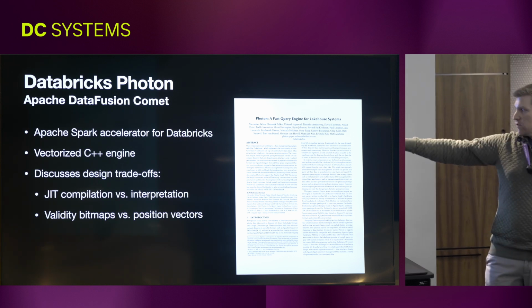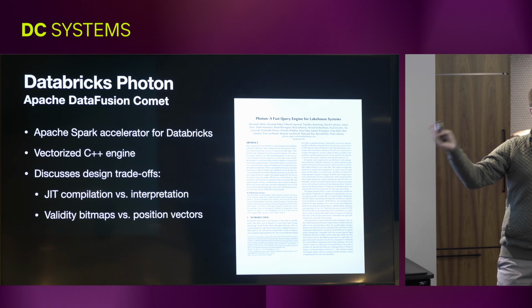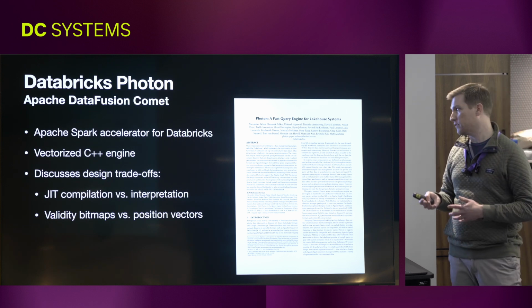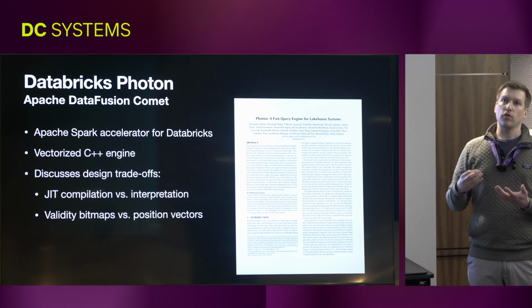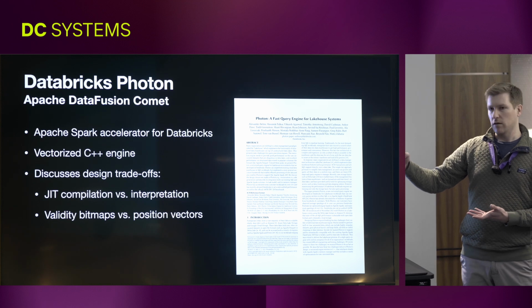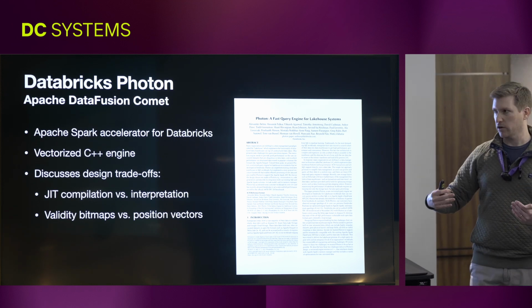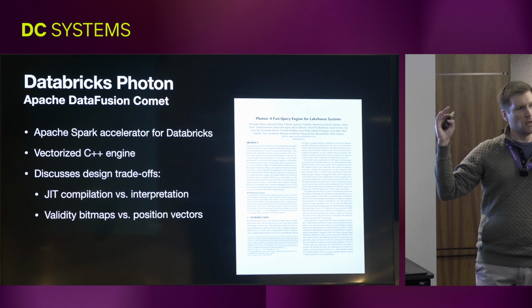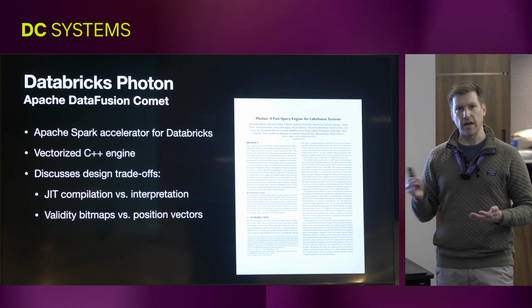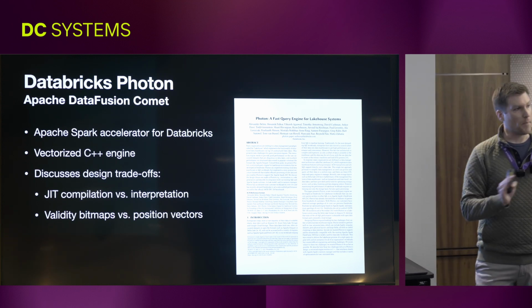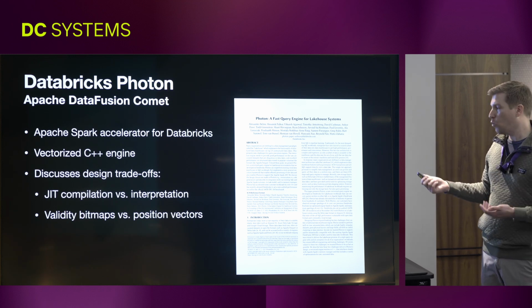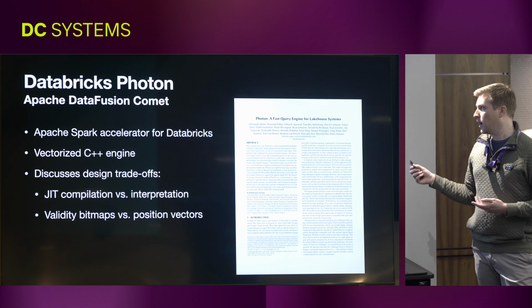They actually discuss a lot of trade-offs between whether they should compile queries or interpret queries. They looked at, okay, if you're running a filter over a bunch of data, and you filter out some rows, is it better to represent that with a bitmap or an offset vector? And then when do you compact that? They actually talk about some of the design trade-offs and how they ended up going down the paths they chose, which is one of the reasons it's a great paper.